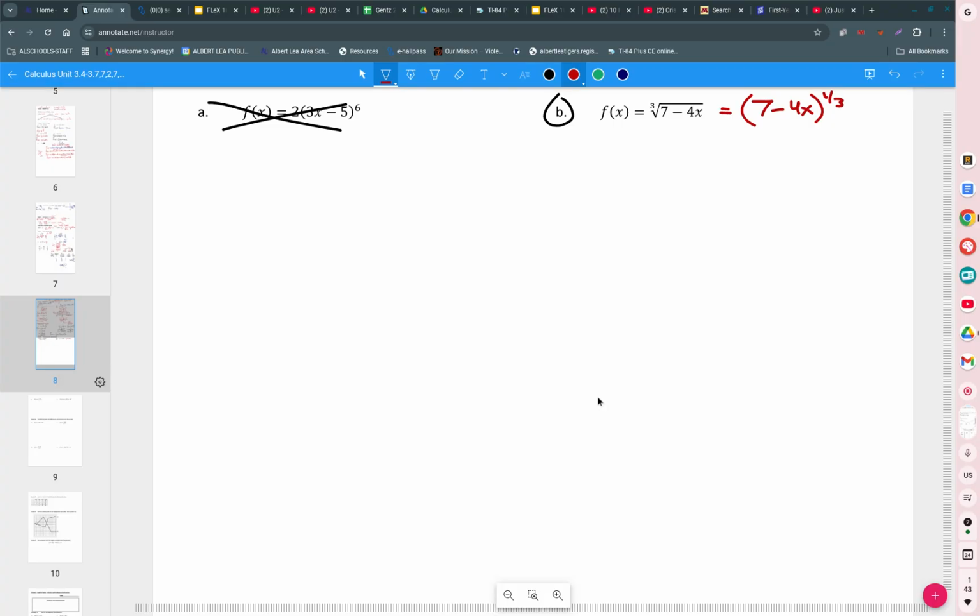No, not third root. It's square root. 4x. Is that there? Hold up. Yeah. So then write your inside and your outside.